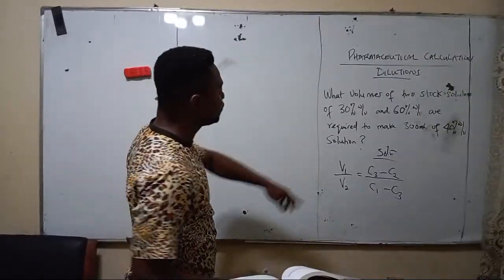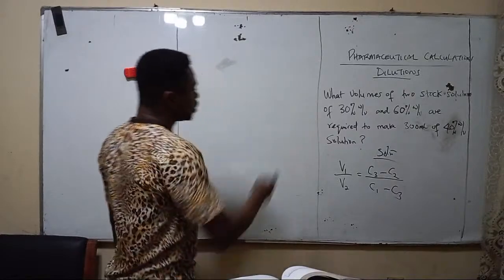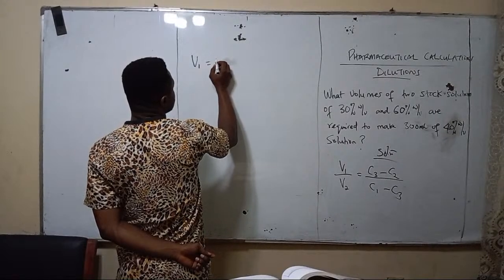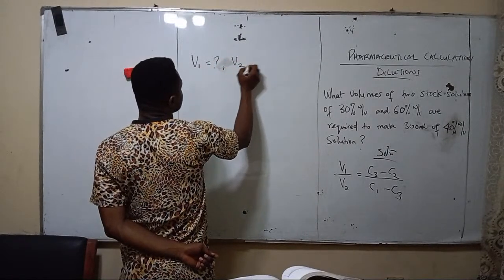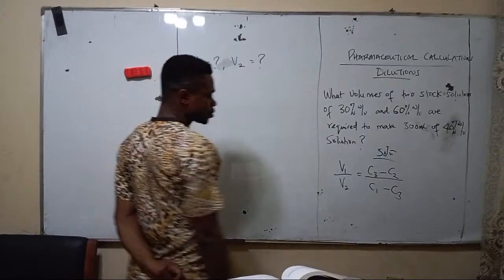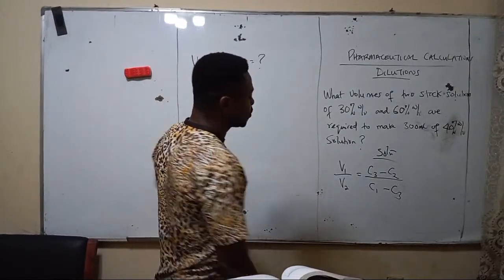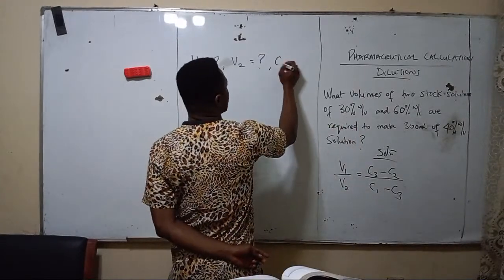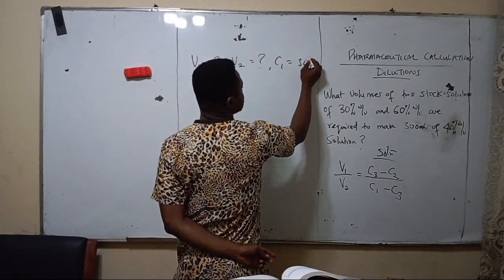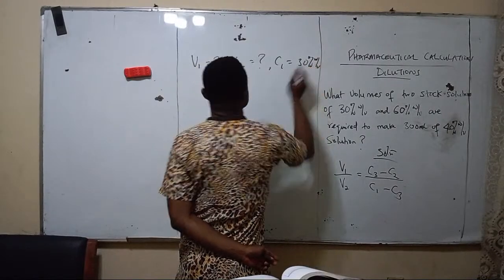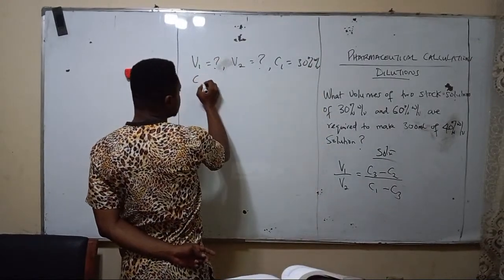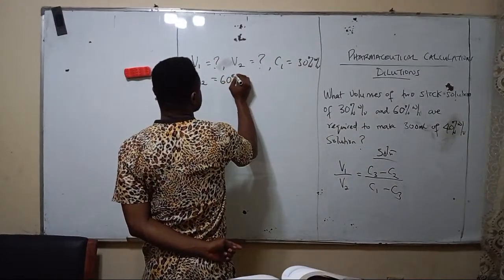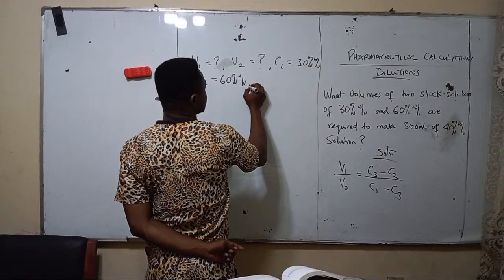We don't know V1, we don't know V2, because that's what we're looking for. So V1 is unknown, V2 is unknown. Then C1 is the concentration of the first stock solution, so C1 is equal to 30% weight in volume. Then C2 is the second one, 60% weight in volume.